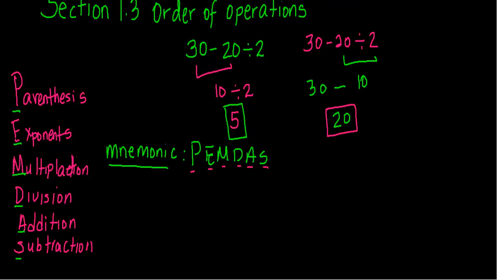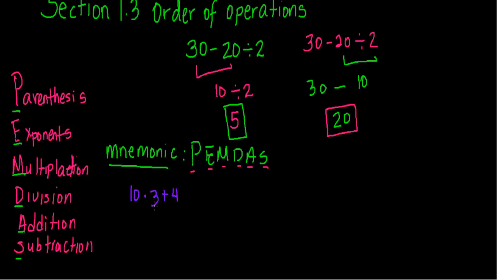Let's see an example on how to use this order. I'm sure you've seen this before, but we'll go over it very quickly. I have 10 times 3 plus 4. What do we do first? Do I multiply 10 times 3 first, or do I add 3 plus 4 first? Let's look at our mnemonic. It says to do parentheses first.